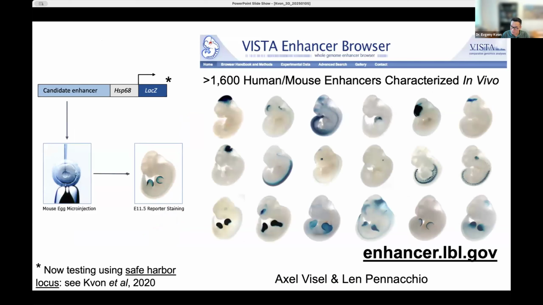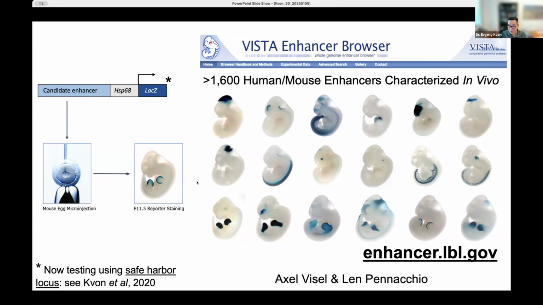Lucky for us, Axel Visel and Len Pennacchio, my postdoctoral advisor at Berkeley Lab, developed a resource of experimentally validated mouse and human enhancers. They were validated through a transgenic reporter assay one by one. Each of these almost 2,000 enhancers was cloned individually in front of a minimal promoter and the LacZ reporter, injected in a mouse egg, and the activity was assessed in E11.5 embryos.